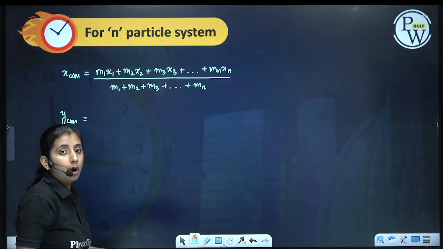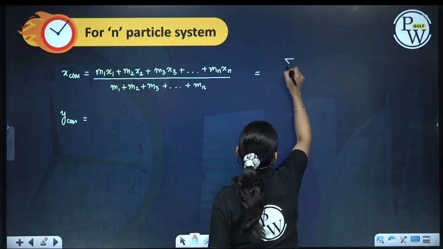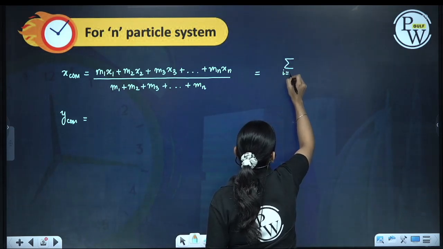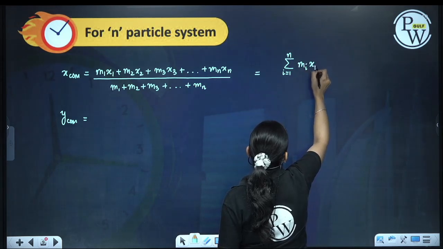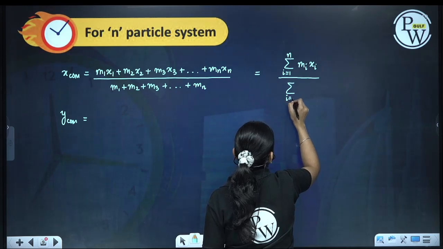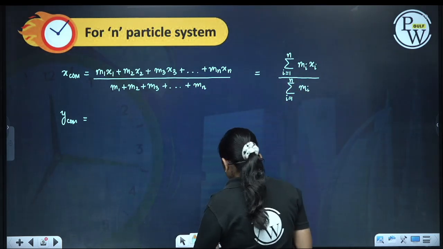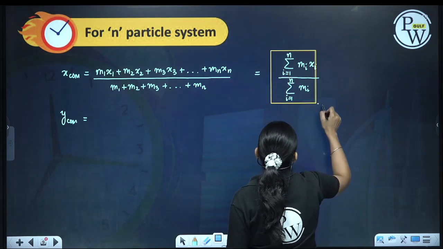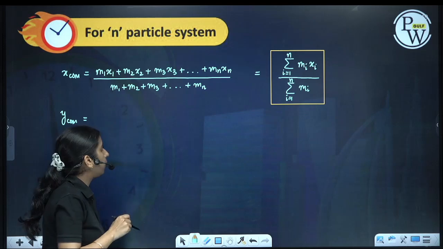Can we write it in summation form: summation i goes from 1 to n of mi into xi, divided by summation i goes from 1 to n of mi? So this is our xcom.